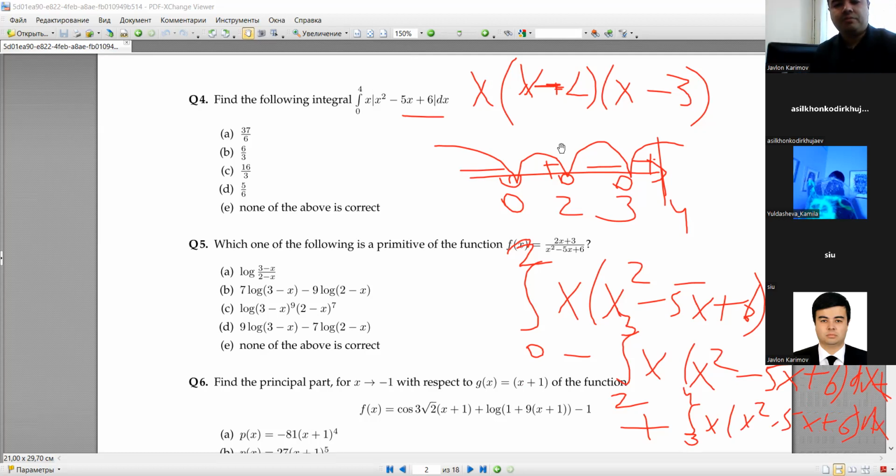So it's very easy now. Is it clear how to solve it? Any questions here?